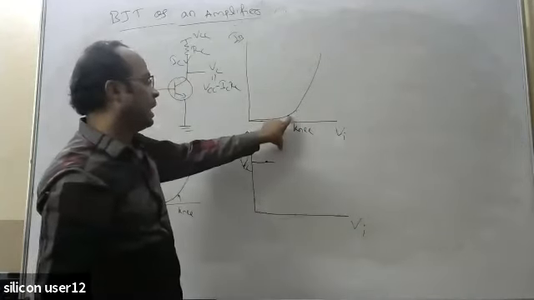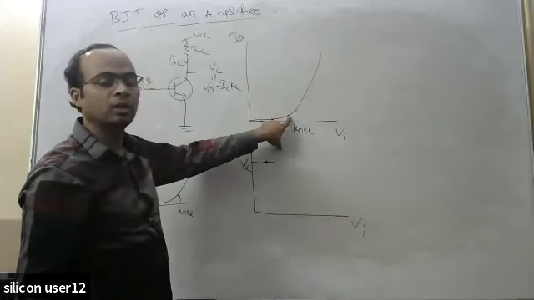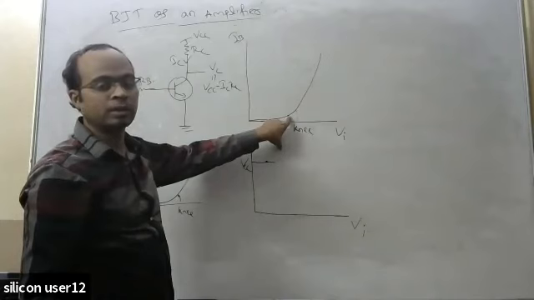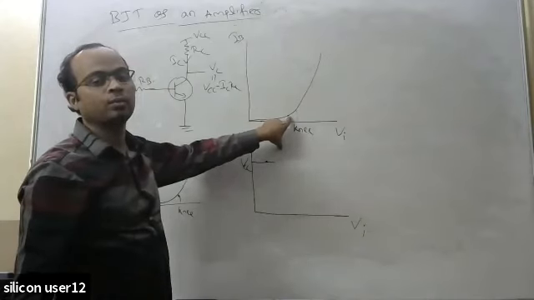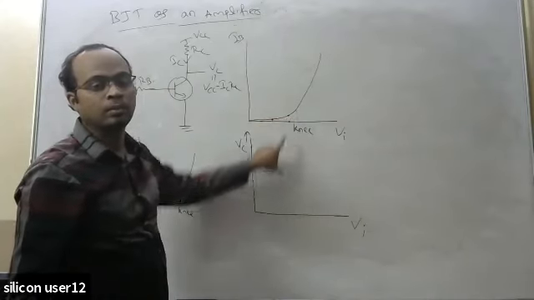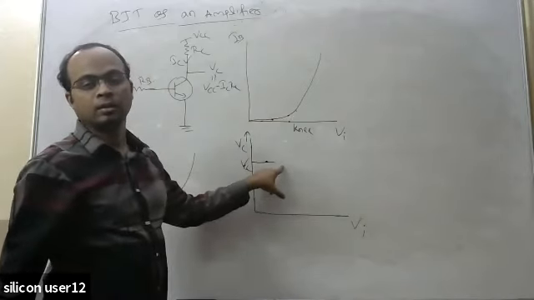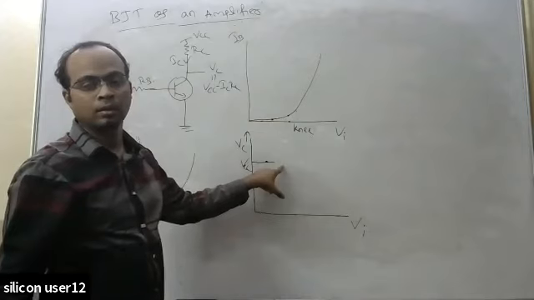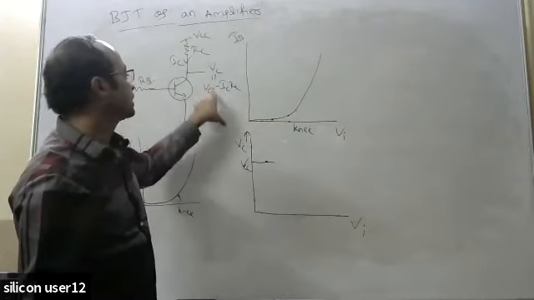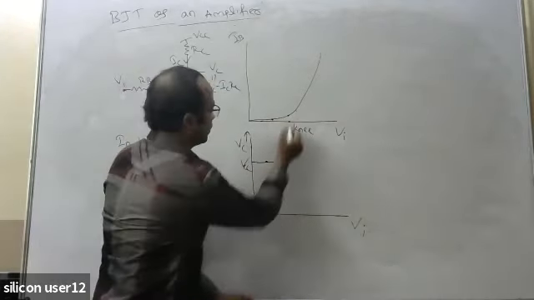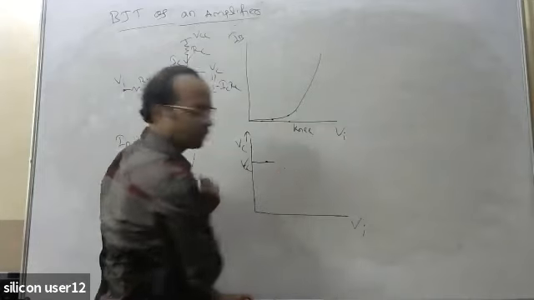Here what has happened? IB has increased a little. If IB has increased a little, IC will also increase a little. If IC has increased a little, then what will happen to VC? VC will decrease a little bit or not? Yes, sir. Okay, because my VC is VCC minus ICRC. So correspondingly here, it will be like this.